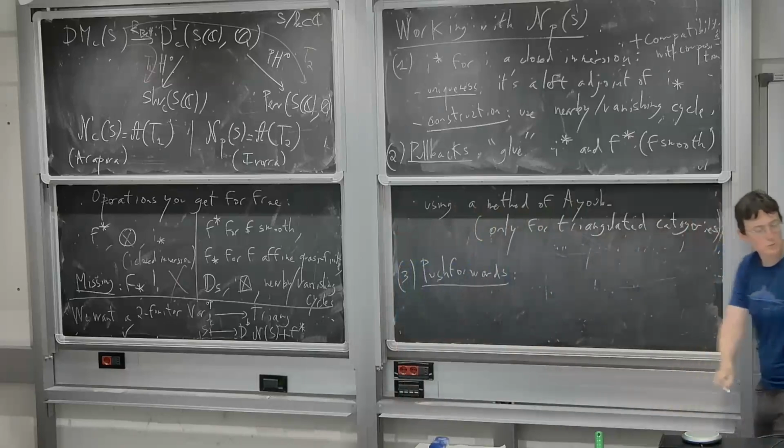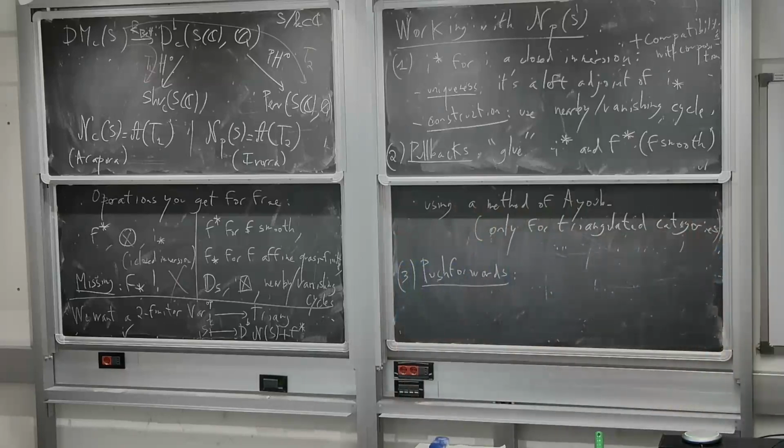Okay, but then you have pullbacks, you do pushforwards. And how do you do pushforwards? So it looks like you have the same problem as before, even worse, because in the perverse setting, f lower star is not even a derived functor. It's neither left exact nor right exact. Okay.